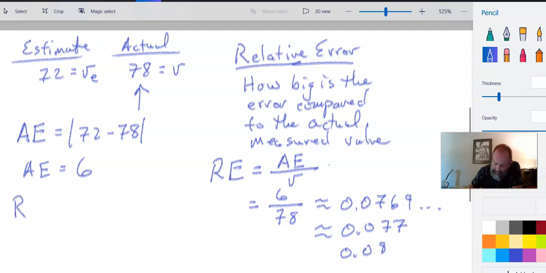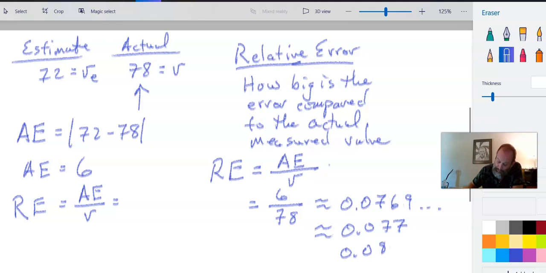I want to point this out too. RE is AE divided by V, but AE has a formula also. So we can write the whole thing out as a single formula.